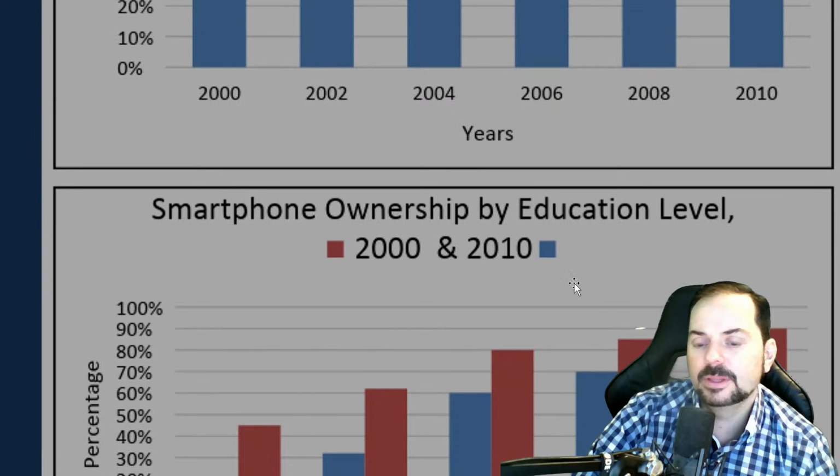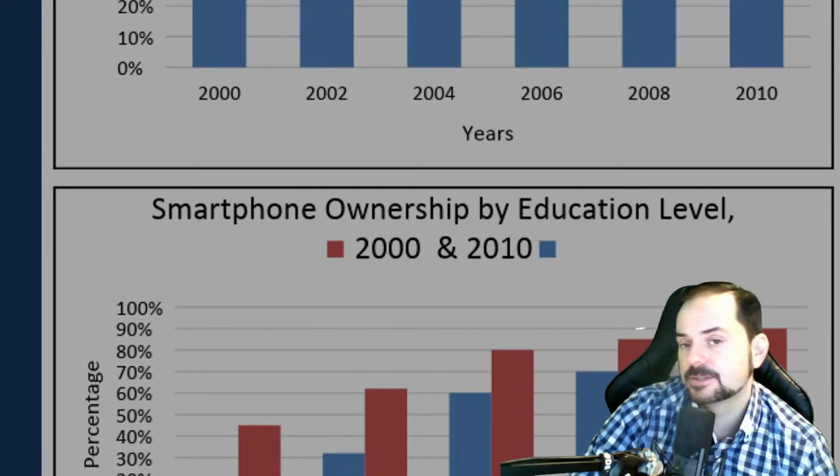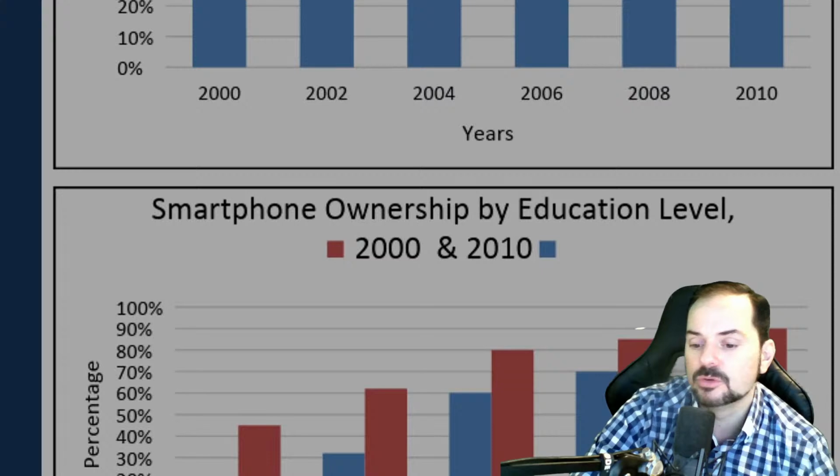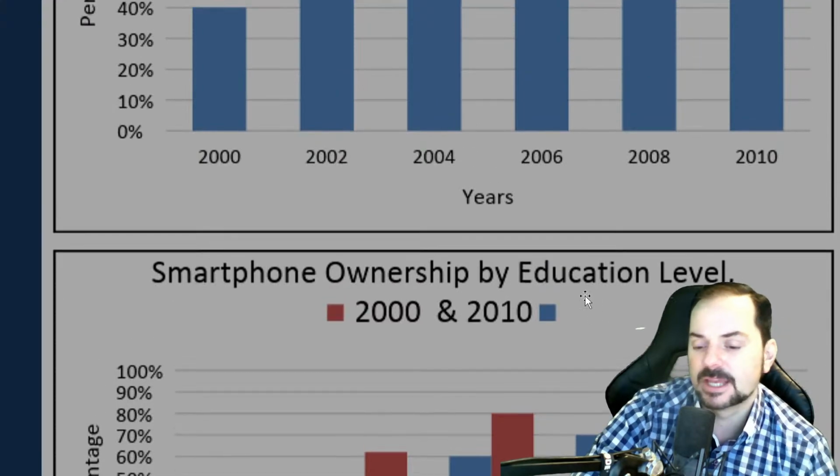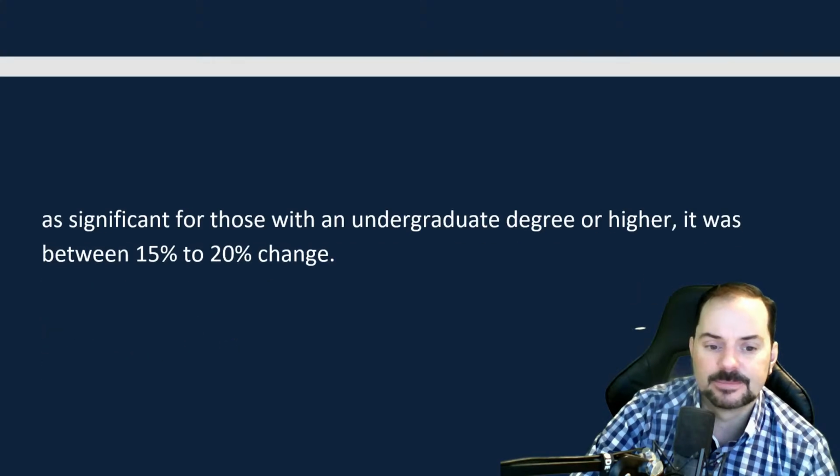Now, if I really want to digress into a bit more information, I could say that the highest or the most phone usage was for those with a doctorate degree at 75% in 2000 and 90% in 2010. So we could do that if I've got a bit more time, right?